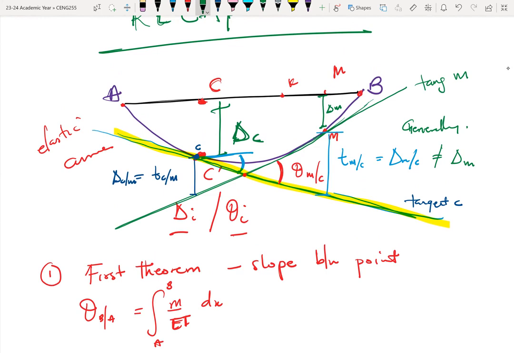Finding TMC, theta MC, TMK, theta MK, whatever it is, those are pretty, I won't call them easy, but they are less challenging, right? It's when you have to apply a bit of geometry, a bit of trigonometry to find the deflections or the slopes of the different points that it becomes a bit challenging.